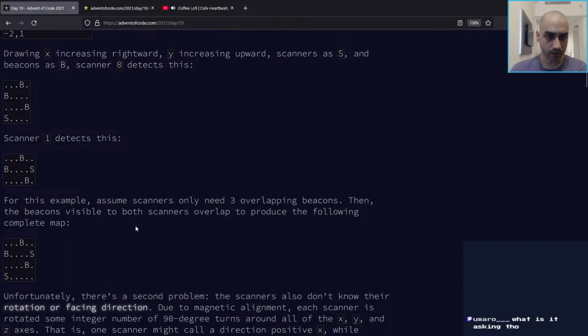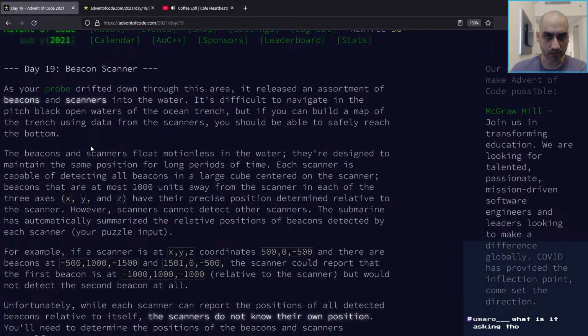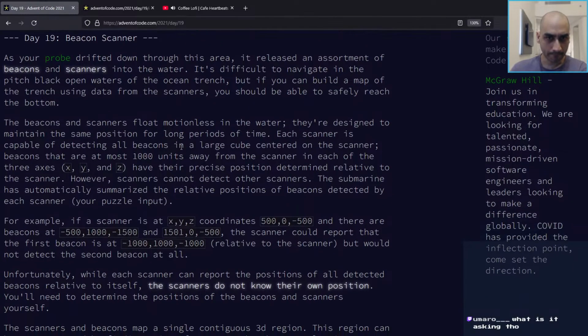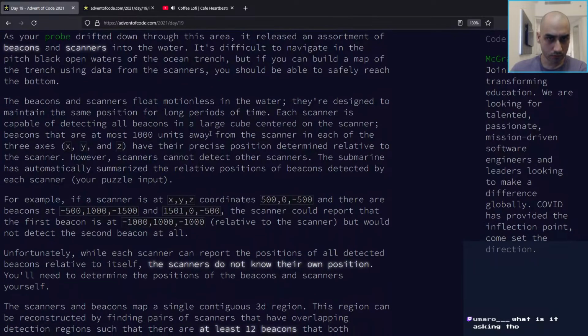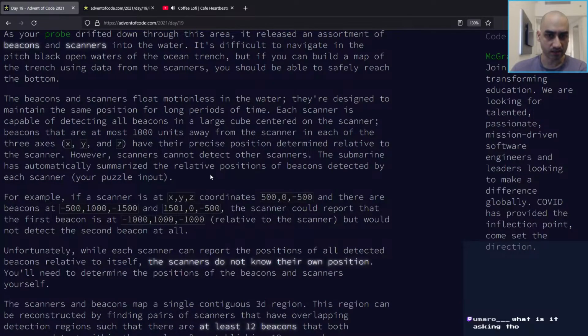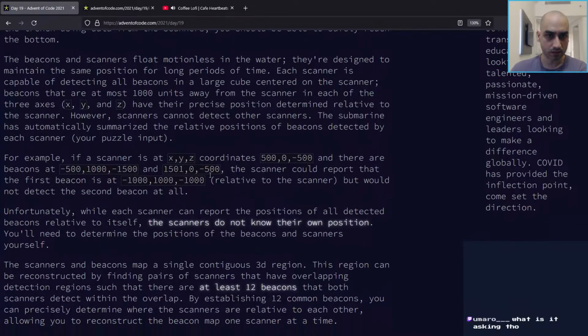Not sure yet, but they're not really saying what these lines are. Let me look at that again. The submarine has automatically summarized the relative positions of beacons detected by each scanner. Okay. So it's arbitrary beacons. It's not necessarily the same beacons.